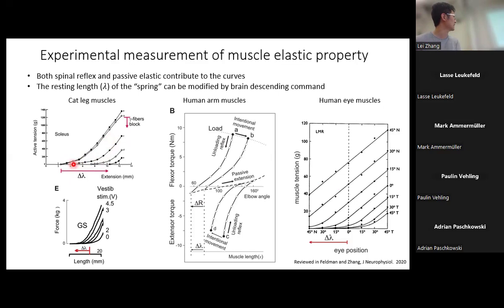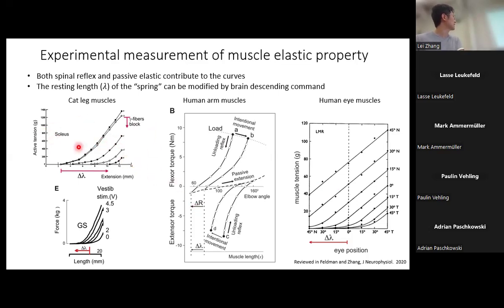At this length, you also stretch the muscle and get a similar curve, and so on. So you change the intensity of the stimulus, and the zero length of the muscle changes according to how strongly you stimulate. But the general characteristic of the curve doesn't change. It's just a parallel shift.